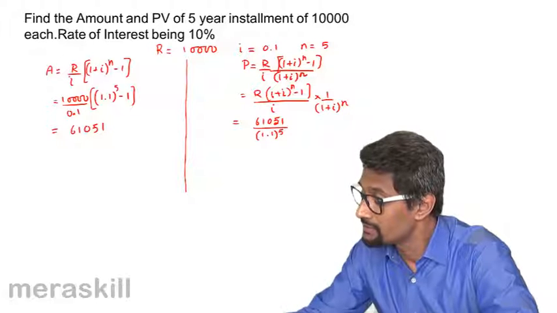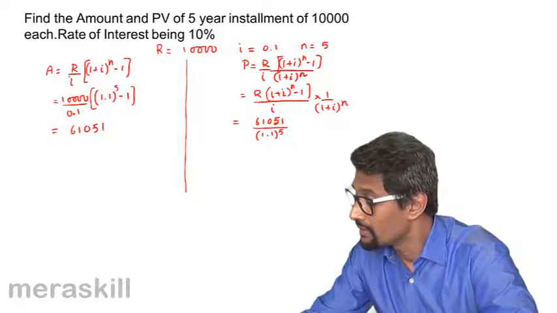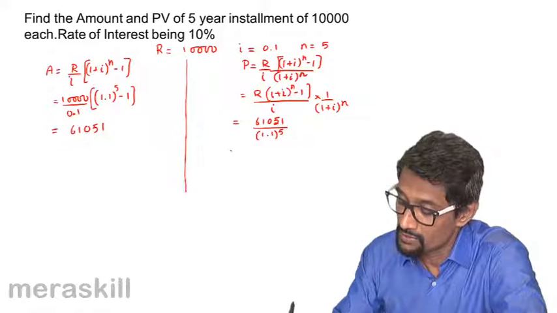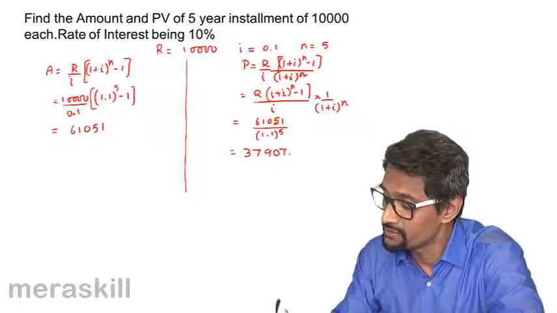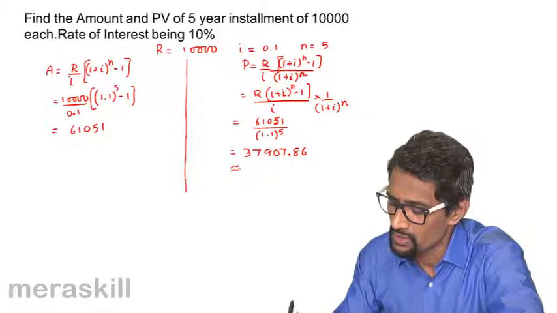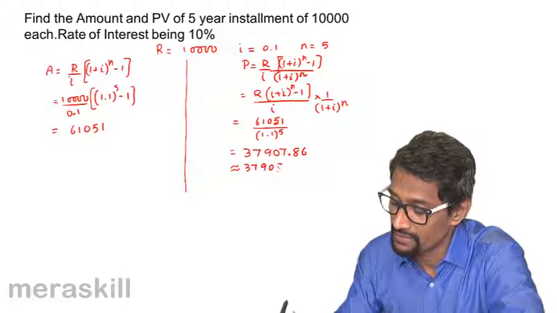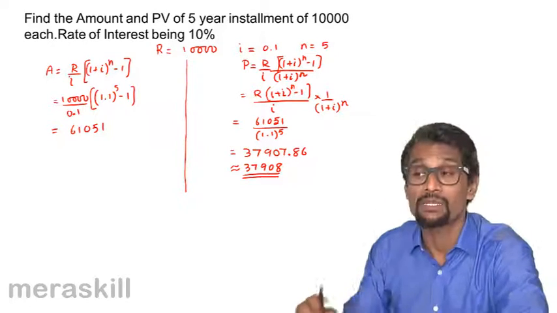It works out to be around 37,907 rupees 86 paise, which is approximately 37,908 rupees.